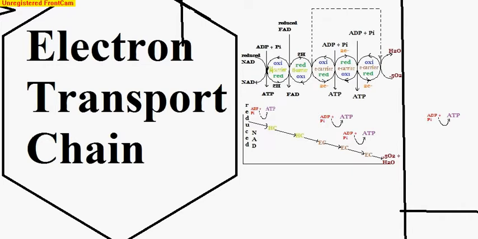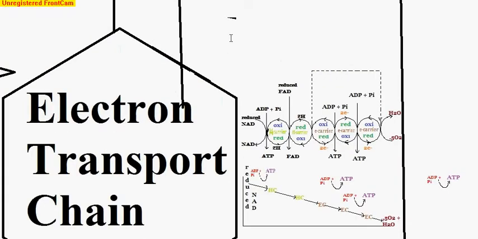So maybe we can write the equation here, so it becomes clearer. Hydrogen gives us hydrogen positive and gives us an electron. That's what we get from this reduced NAD.